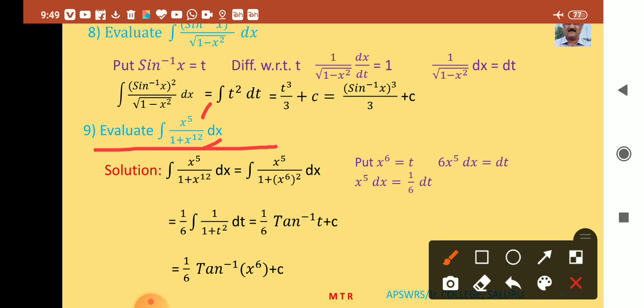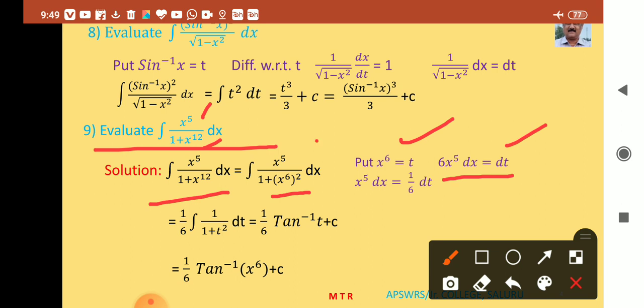So you split that integral x power 5 by 1 plus x power 12, and we write this x power 12 as x power 6 whole square. The derivative of x power 6 is 6 into x power 5. So we put this x power 6 as t. So the derivative of x power 6 is 6x power 5 dx is equal to dt.